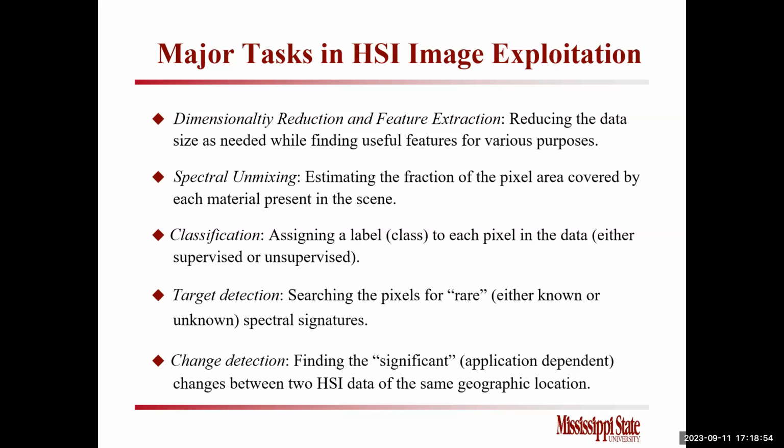And then for change detection, I believe that is a very early application of remote sensing. It is to find the significant changes between two datasets from the same sensor or from different sensors. And the changes are not background or seasonal changes, right? We want to know the changes that are of our interest. Most likely that should be dynamic change.